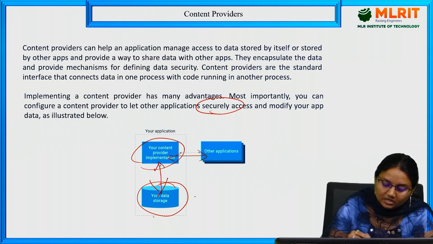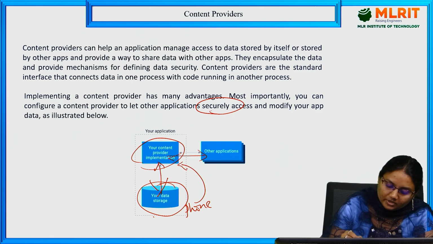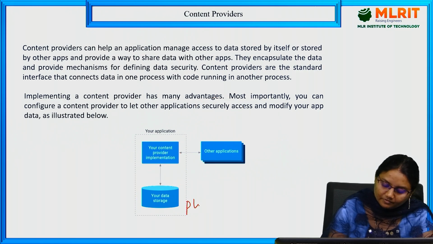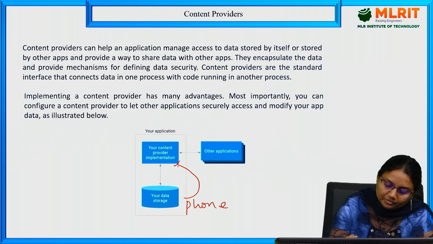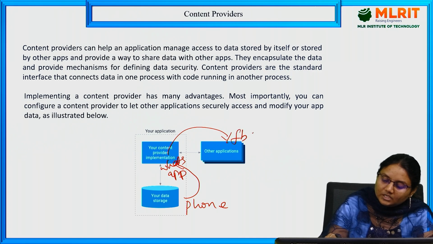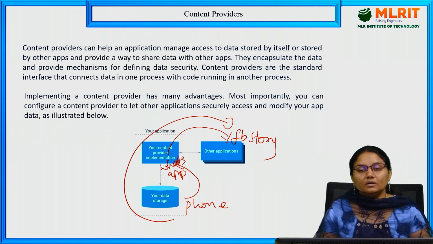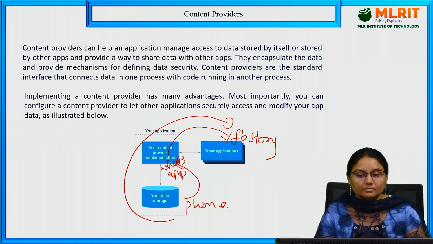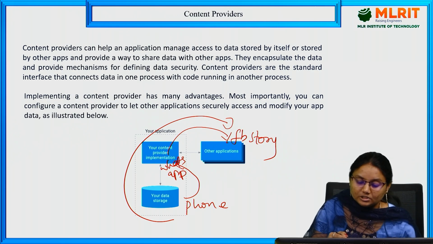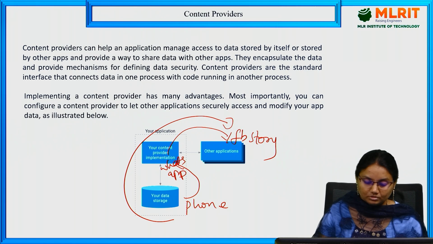Very simply, your data is stored in your phone, and from the phone you upload your photo to your WhatsApp status, and from this WhatsApp status to your Facebook story, you share the same data. That means there is no threat to your image. You are just sharing it. The image is being shared to your WhatsApp and also to your Facebook.